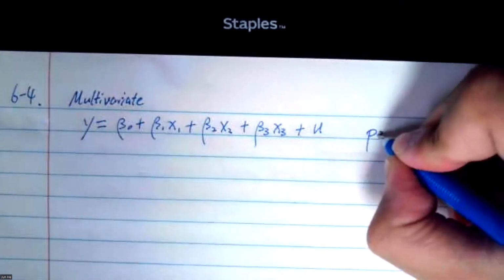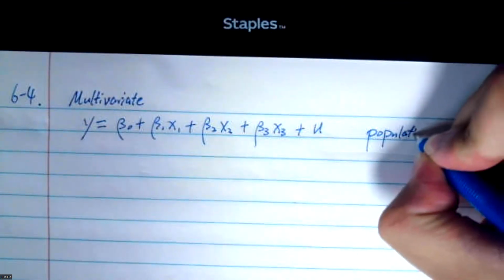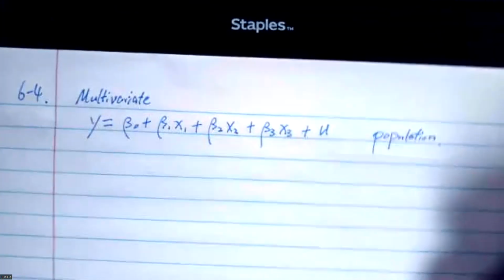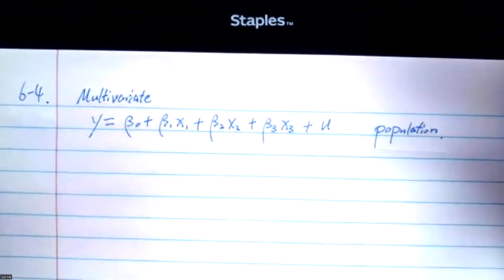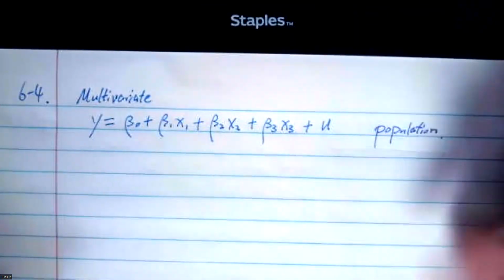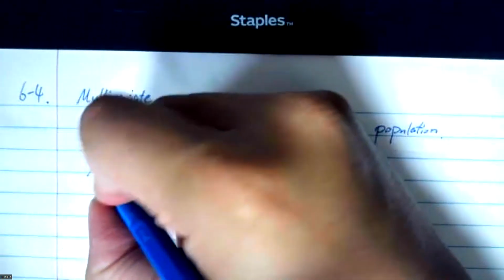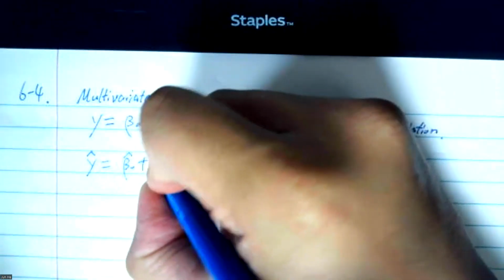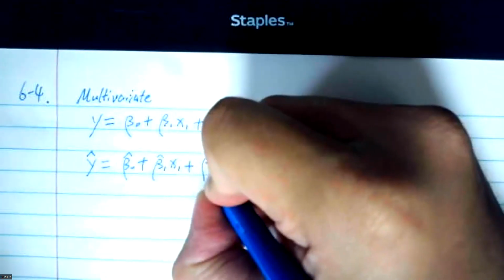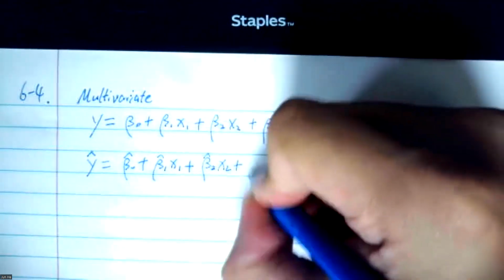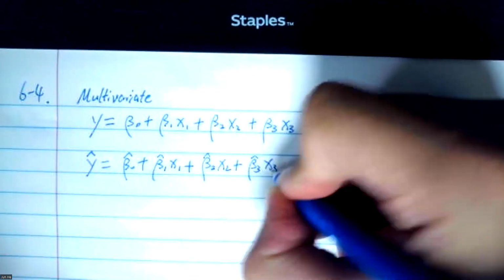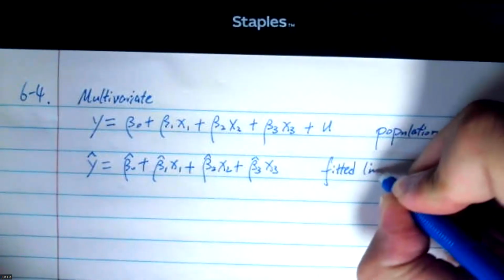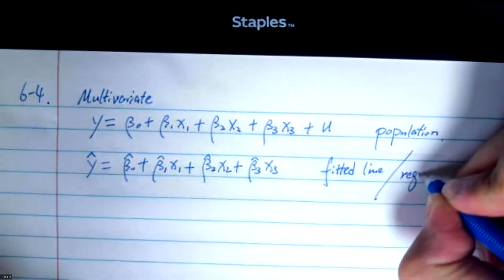This is the population. And then we use a model based on the data to estimate for this population. So we have the fitted line, or the regression, which is this. So this is the fitted line, namely the regression.